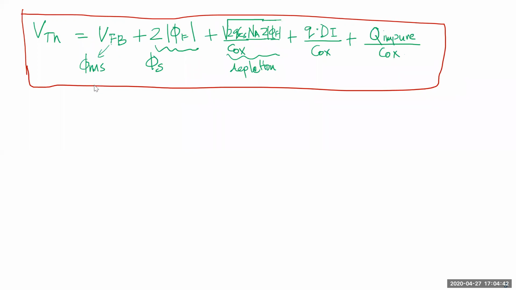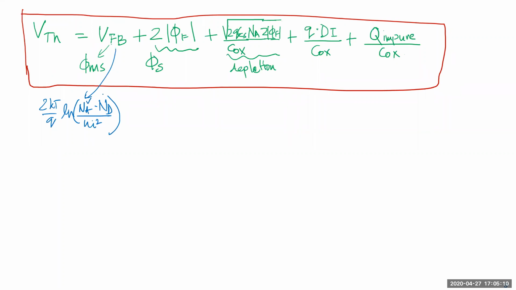Okay, so how does a designer control it? Sir, we can only change the Na, that is the acceptor concentration, and also the Nd. Okay, you're correct. So if you remember, this was 2 kT over Q, ln of Na Nd over ni square.